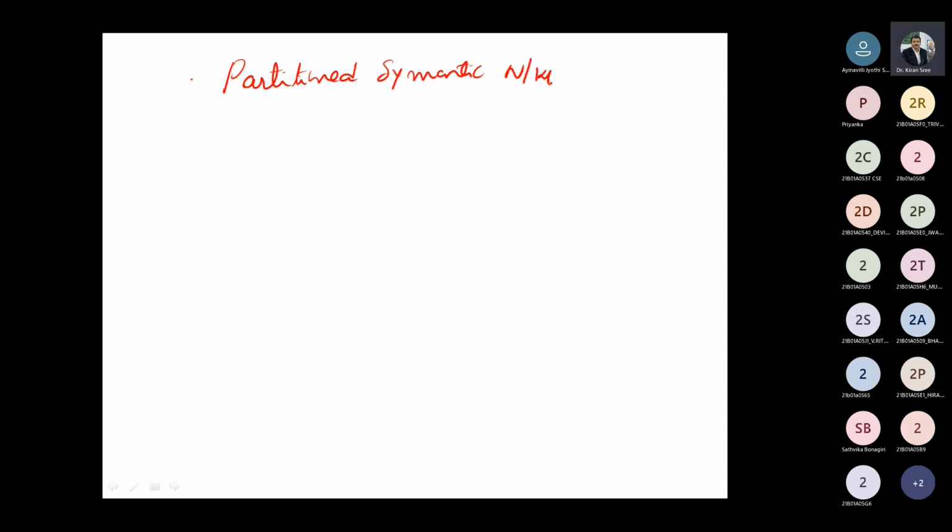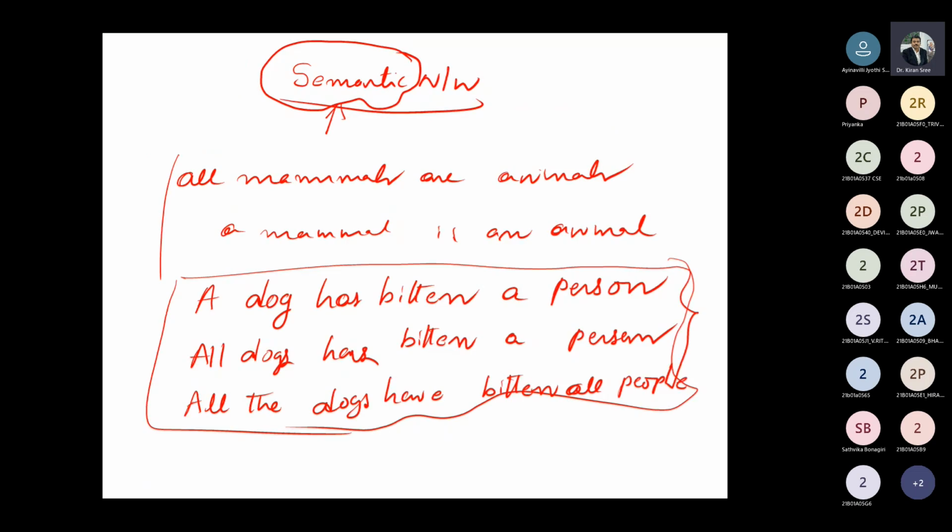A partition semantic network is very simple, like I have written: a dog has bitten a person. And then you have similar statements like all dogs have bitten a person, all the dogs have bitten all people.